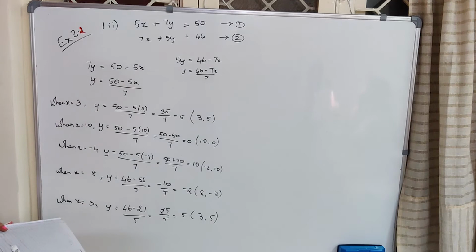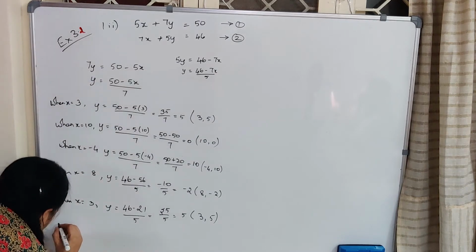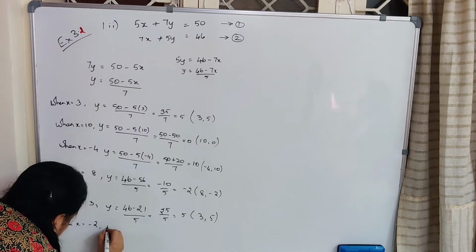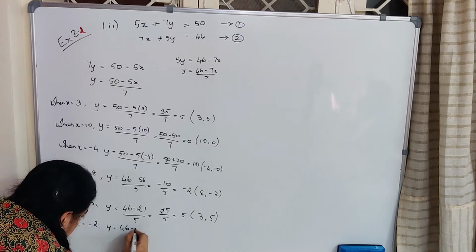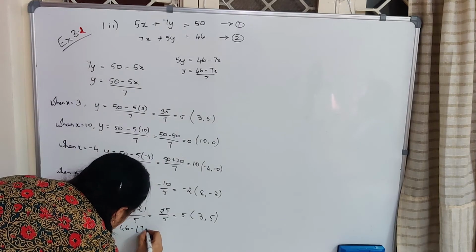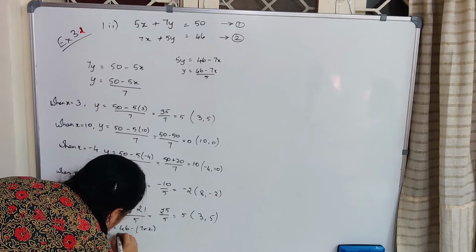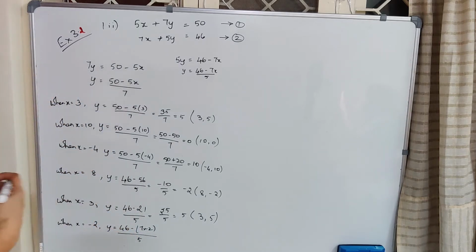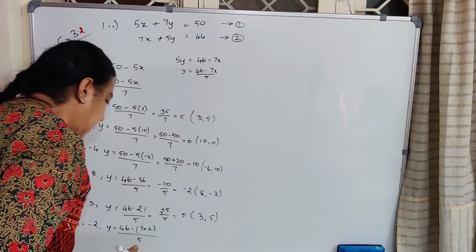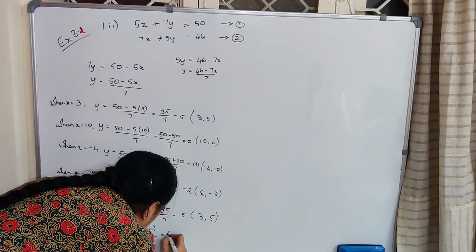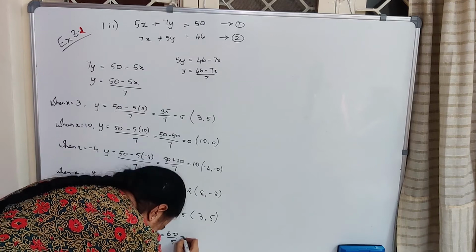Okay. Then the next step, minus 2. When x is equal to minus 2, y is equal to 46 minus 7 into minus 2, and by 5. Minus into minus plus. 7 2s are 14. 46 plus 14, and that is equal to 60 by 5.